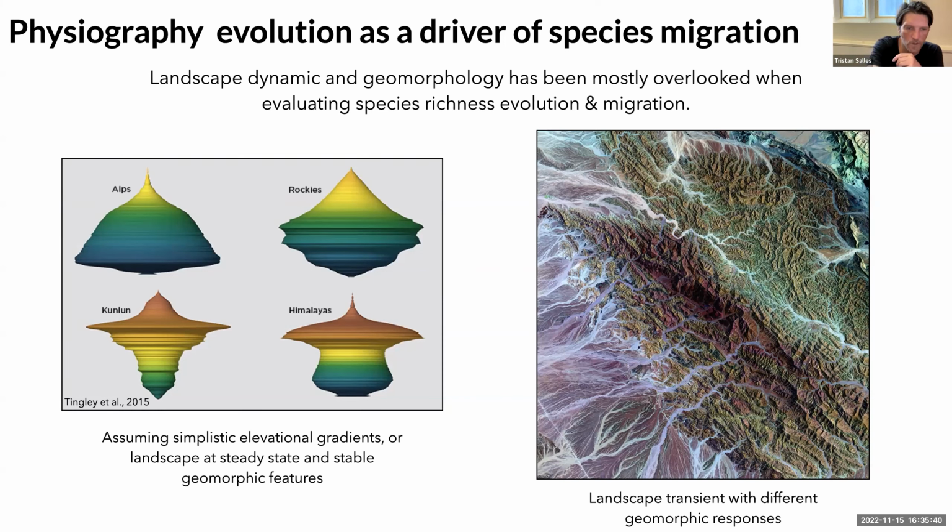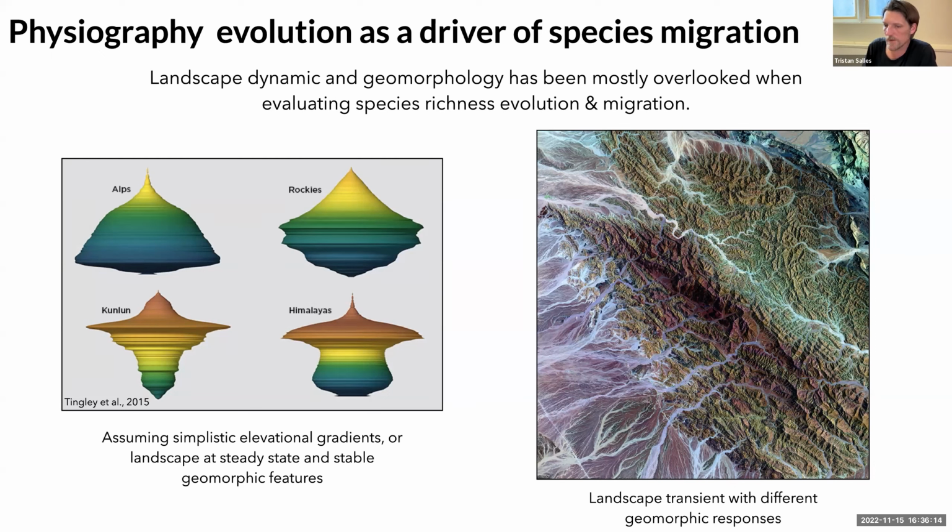So, for example, here you've got a representation of the Alps or the Rockies or the Himalayas in terms of elevation gradient and distribution. That's basically histograms, or hypsometric curves, of the distribution of the area with elevation.